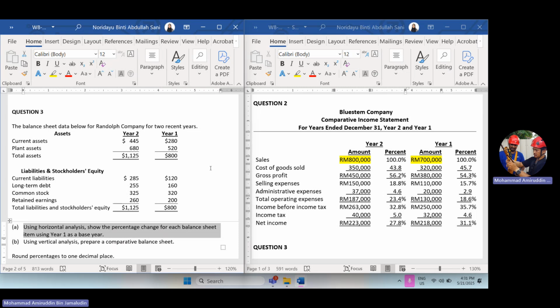Abdullah. 1, 2, 3, 4. 4 missing. Make sure for your assignment you choose 2 companies from the same industry.